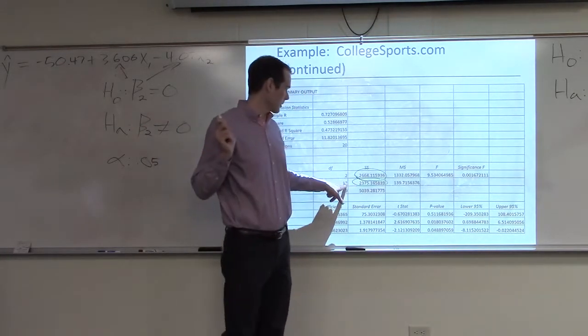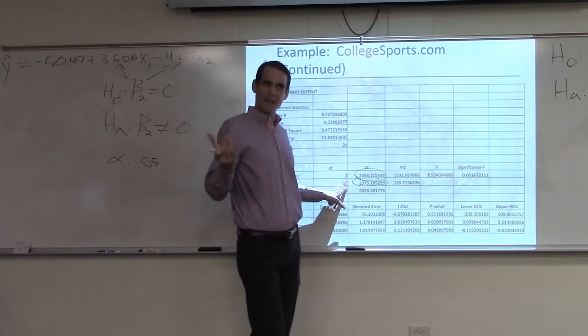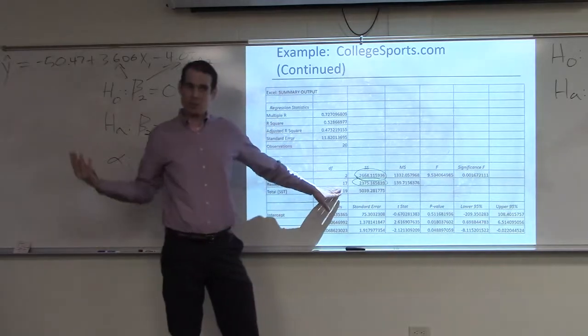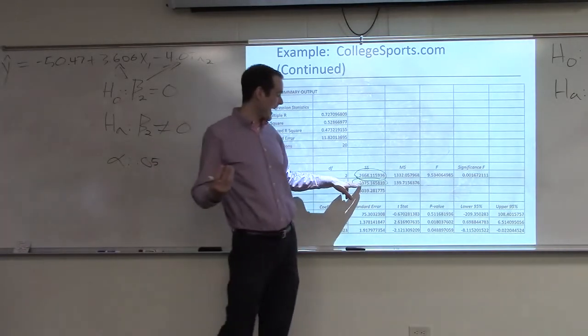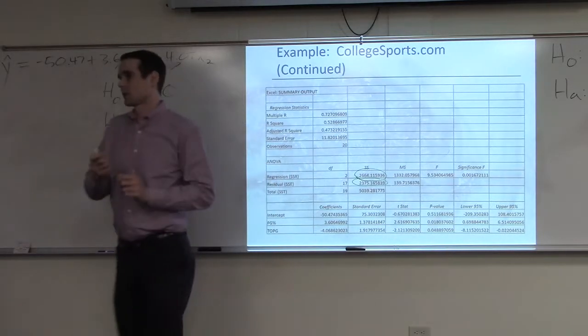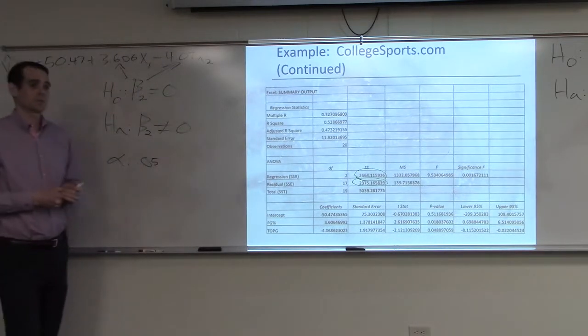The more samples we have, the more unexplained variation we would have, so we don't want to penalize just because we used a large sample size, so we divide this by the sample size.